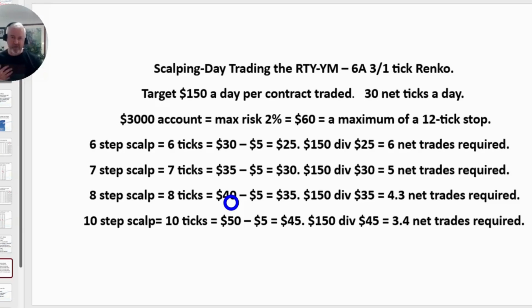However, I want to get in and get out. That suits my personality. Now down here, if we have 5 trades a day by 7 steps, or 3.5 by 10 steps trades a day, we're going to hit our 150 a day. Now they're always going to vary, because sometimes we'll go for a slightly larger target, other times we'll take profits, but the bottom line is on average you're going to be taking, after any losses, 4 to 5 net trades a day.